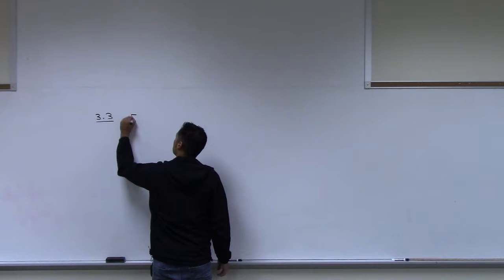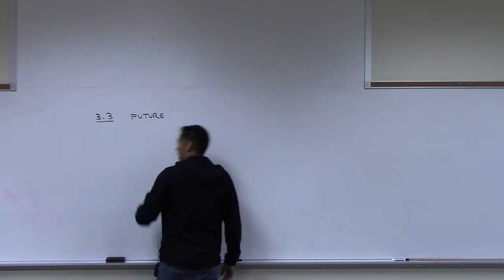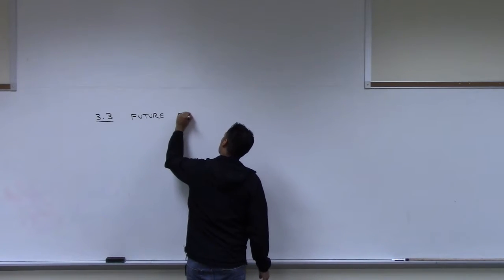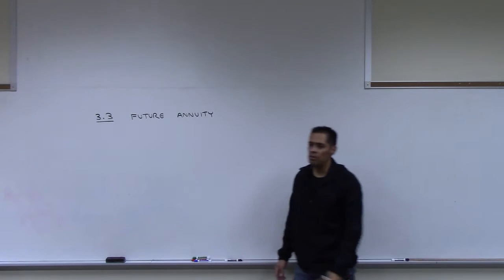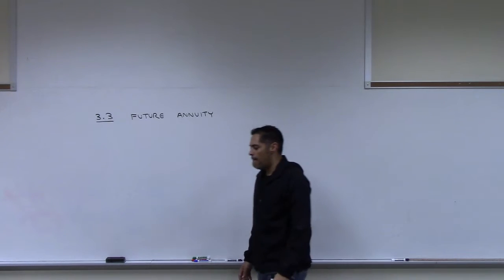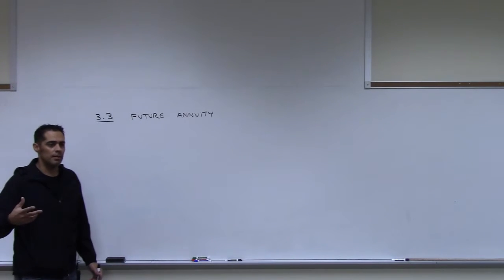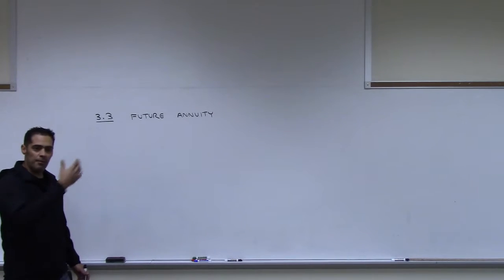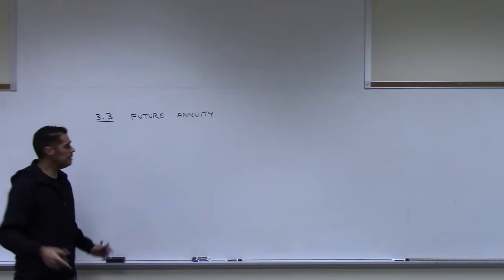Okay, we are going to jump ahead all the way to 3.3, Future Annuities. 3.1 and 3.2 we already covered, and that was on the previous exam. So before we get into this, let me tell you a little bit about what 3.1 and 3.2 were about.